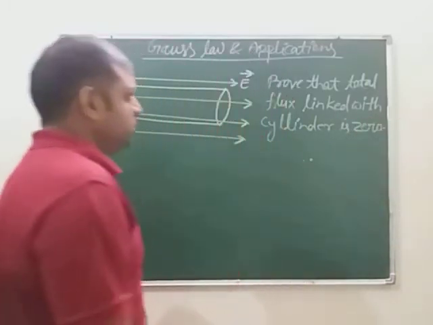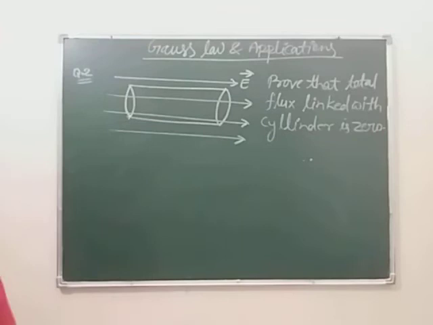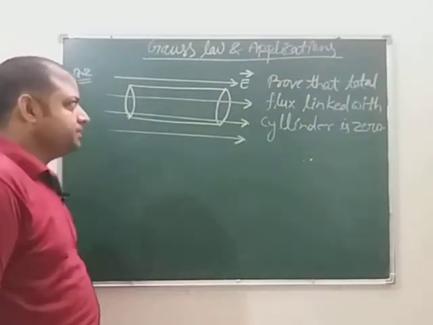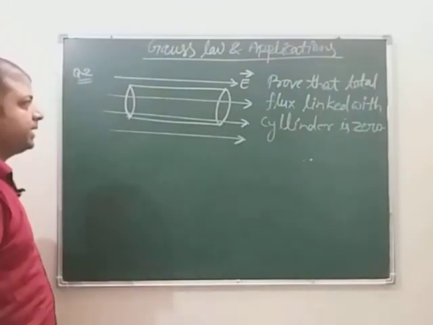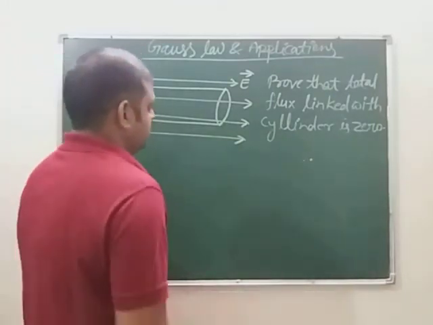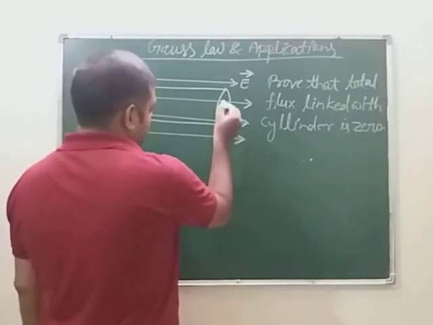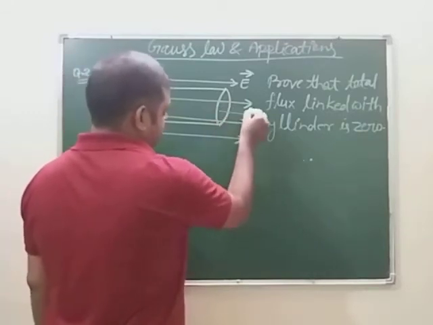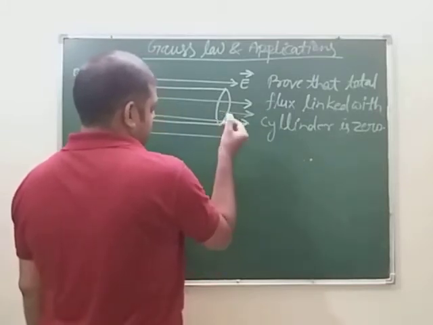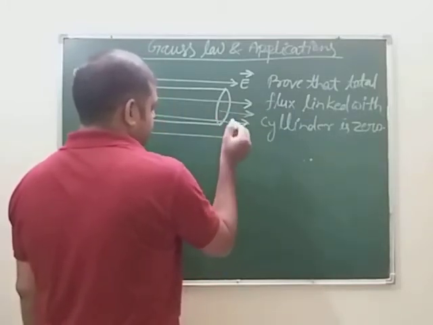So we have to prove that the total flux linked with the cylinder is 0. So it is very easy to prove. Can you prove it, guys? Simply, okay, look at the board. We have 3 surfaces here. One surface is this. Okay, so take this surface, take the surface S1.